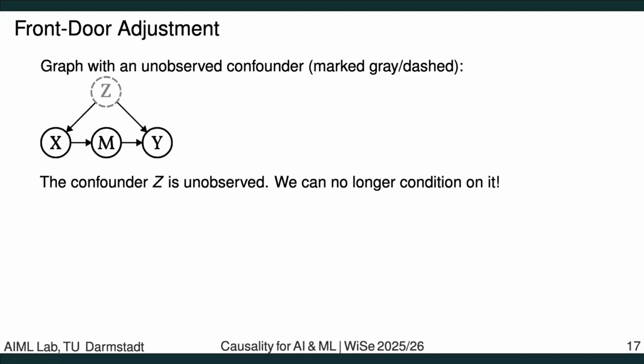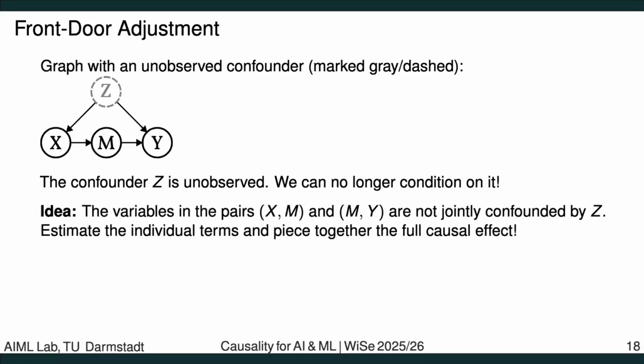This means that we have an intermediate variable on the path from x to y, and we use this variable because the paths x to m and m to y are individually not confounded by C. Of course, we again need to assume that m is not confounded, so we still need to be sure that our model is correct, but maybe some expert can tell us, I'm sure this m is independent of all the other confounders.